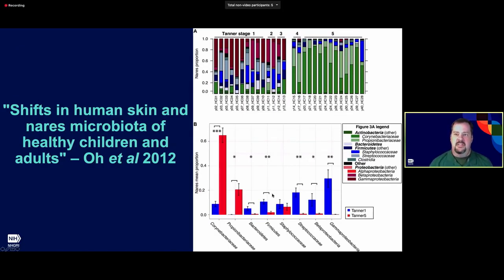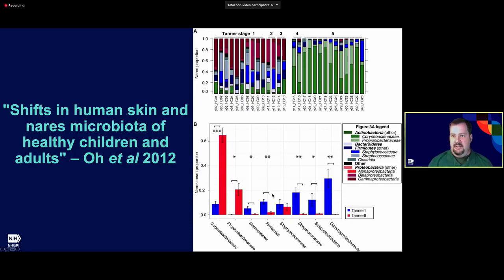one of the more striking examples of a change in microbiome was this study from 2012, where we looked at the skin microbiome as a function of age, and more specifically Tanner stage. If you're not familiar with that, Tanner staging is a measure of how far young men and young women are through puberty. Tanner stage 1 is basically toddlers or very young children, and Tanner stage 5 is basically adult.